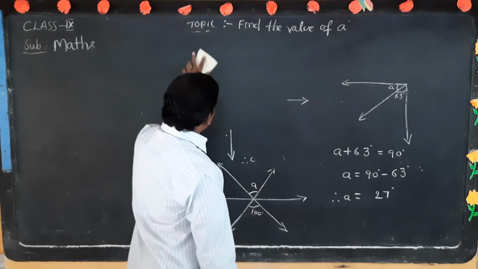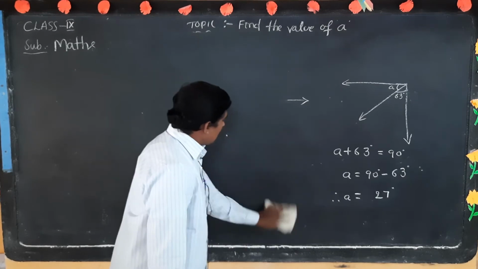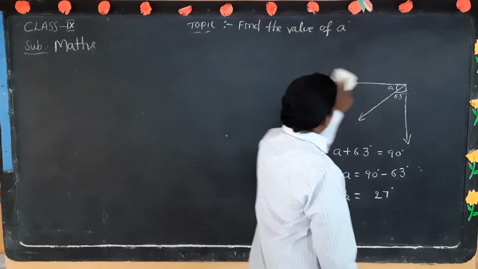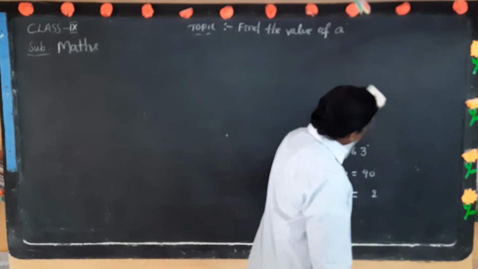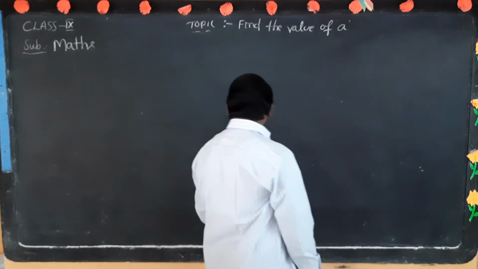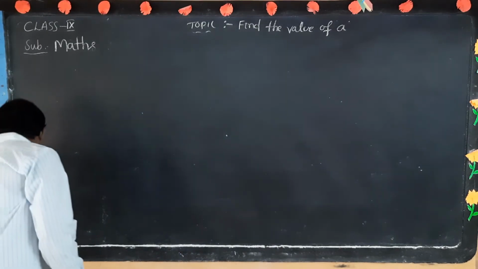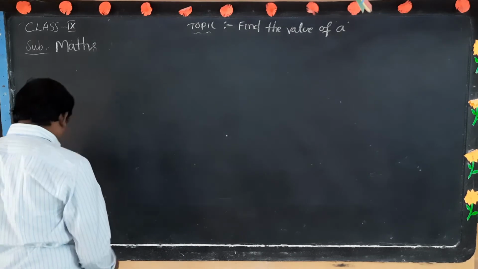Like this, a few problems are there in the exercise also. The same complementary and supplementary angles, linear pair and vertically opposite angles are also there in the exercise. You should try.